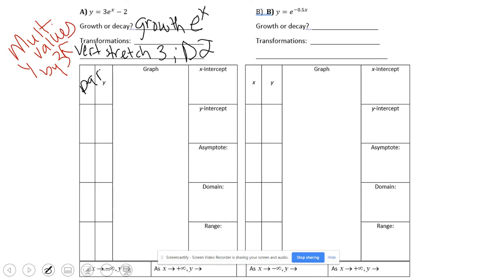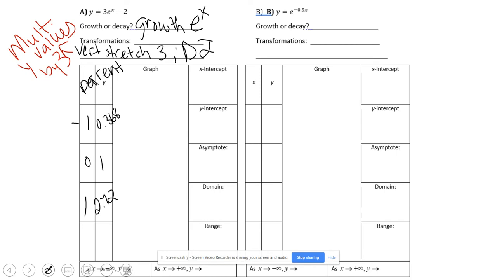So I'm again starting with our parent function. We're going to use those values that we talked about on the very first page, where e to the negative first, we're going to estimate it as 0.368. E to the 0, anything to the 0 is 1. And then e to the first, we said we would estimate at 2.72.